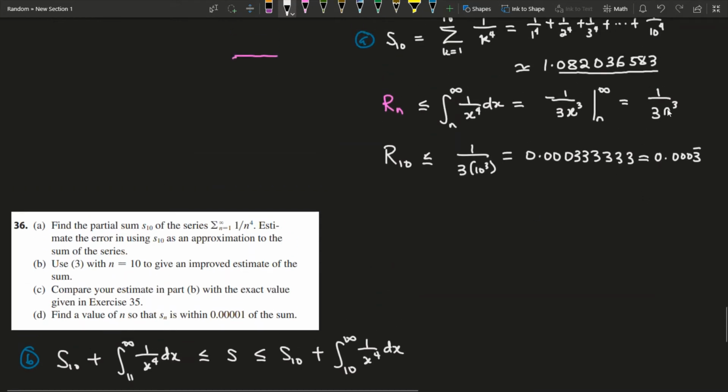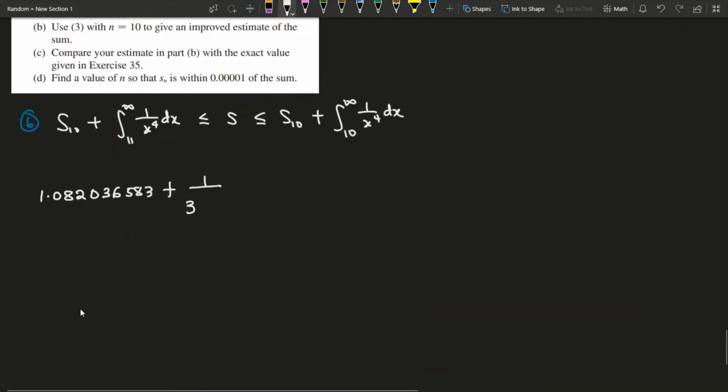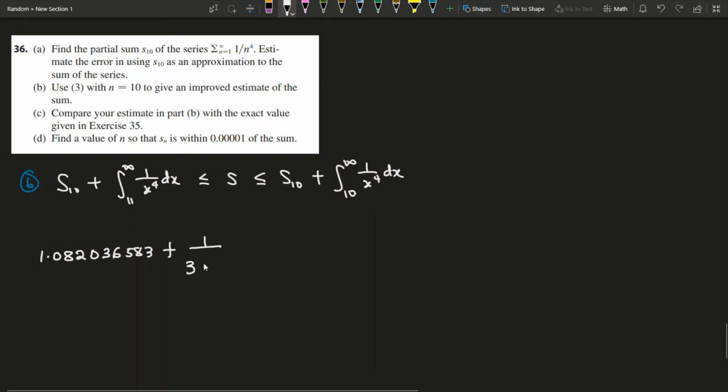So we just replace n with 11. So this is 1 over 3 times 11 to the third. Then this is less or equal to the actual sum, and then it's less than this one again. So let me paste and remove this. Then plus, again, this integral is 1 over 3 times 10 to the third.